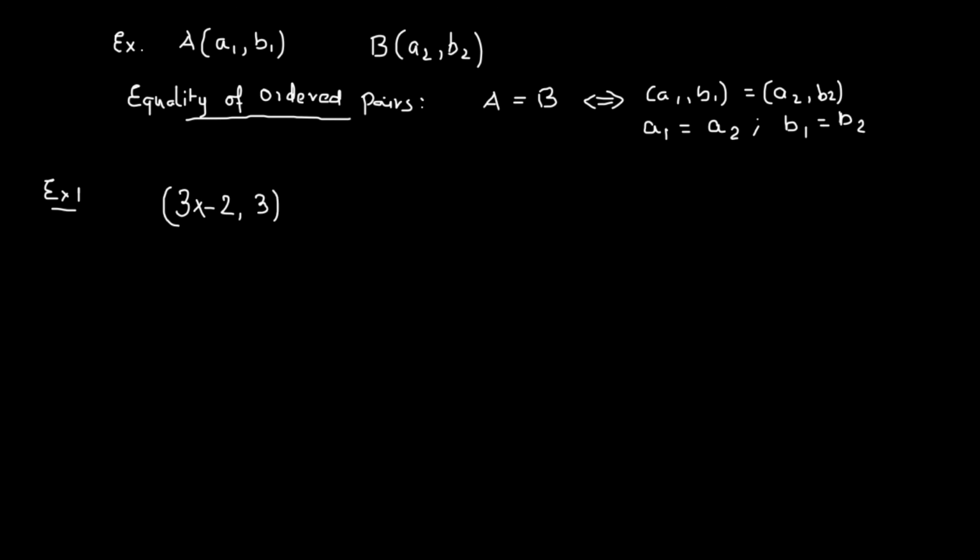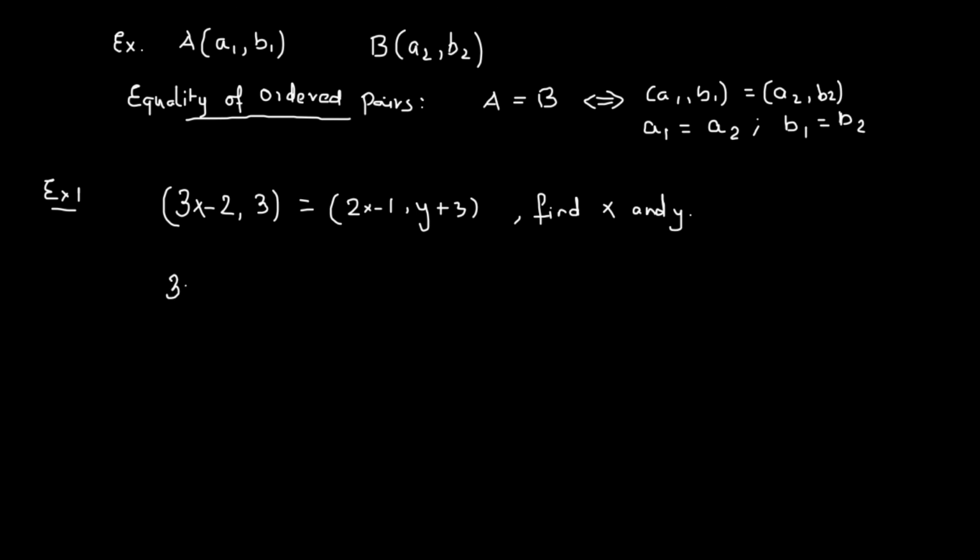And let's say this is equal to another coordinate point (2x - 1, y + 3). Using this information, we have to find the values of x and y. As it is mentioned that these two ordered pairs are equal, their corresponding abscissa values and ordinate values must be equal.